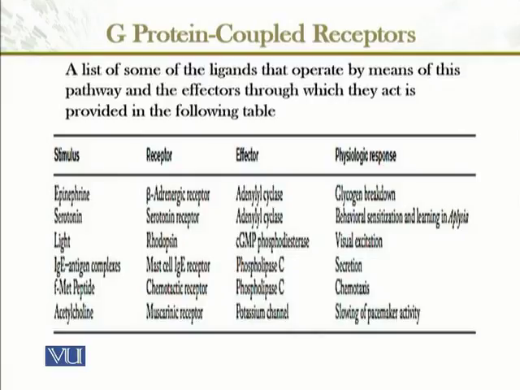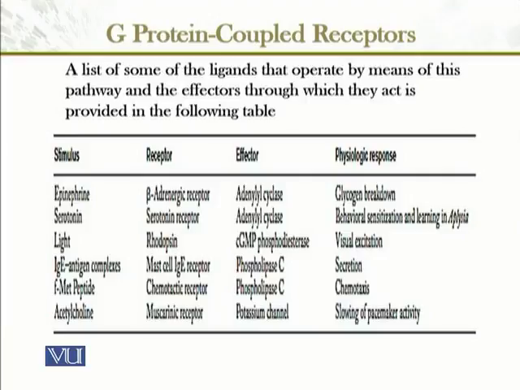Now in this table, the different stimuli, receptors, effectors, and the physiological responses of various organs have been tabled for the ligands that operate. For example, you can see that with light, the rhodopsin, that is actually the visual pigment of the cell, responds to that, and so on and so forth.